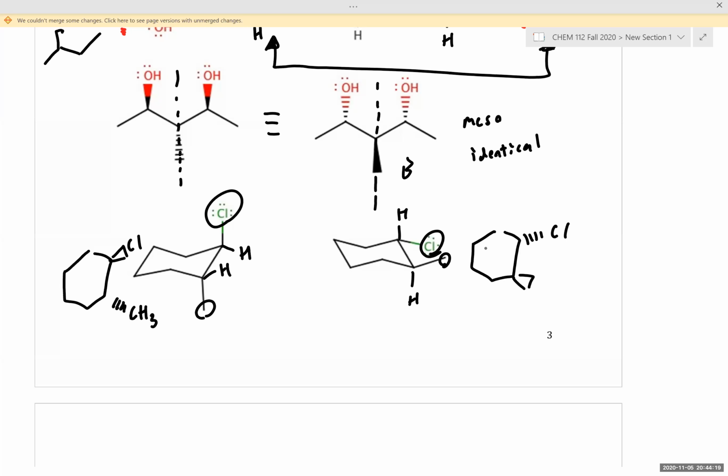So comparing these two structures, do we notice the stereochemistry is the same or opposite at each of our stereocenters?